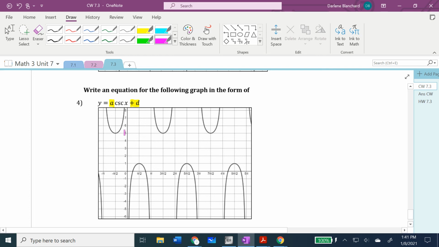If you look at the little relative maximum and minimum points, look at the y values of 5 and 1.